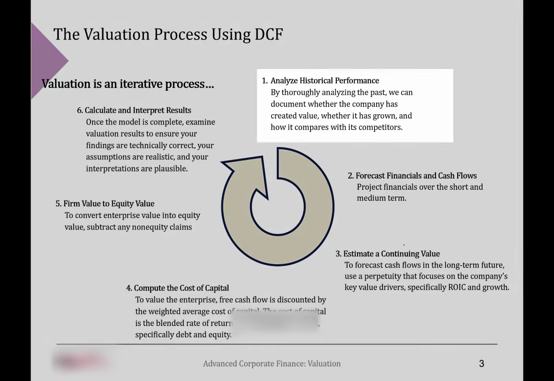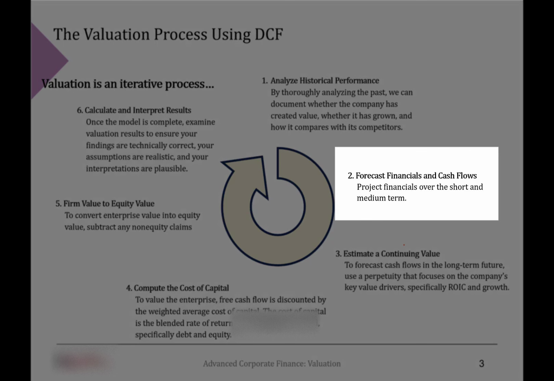The second step, using the insights from the first step, together with other forward-looking available information, you forecast future cash flows. The projection period is typically between 5 and 15 years, depending on the stage in life cycle that the company is in.